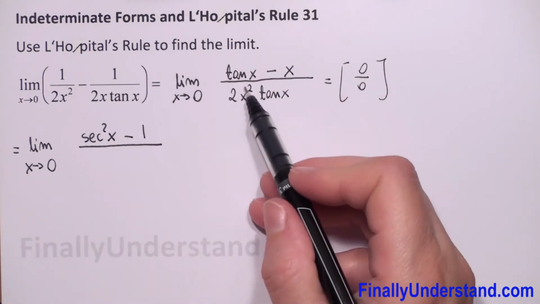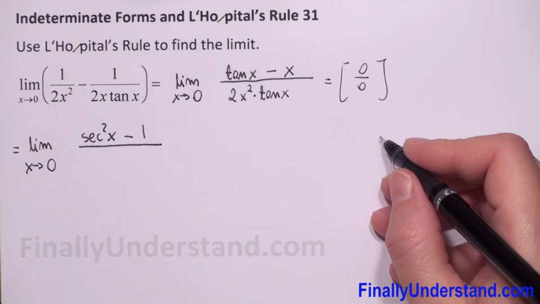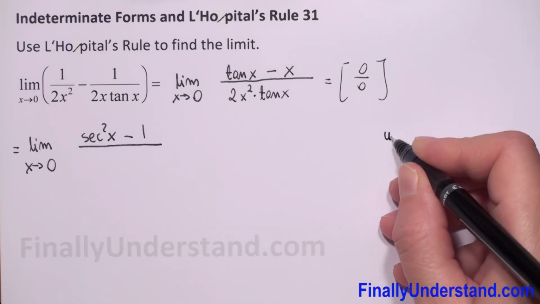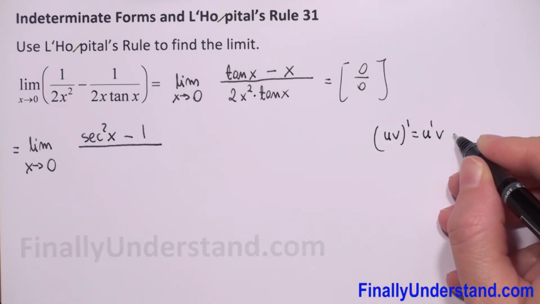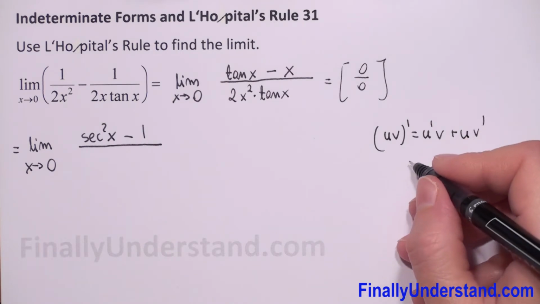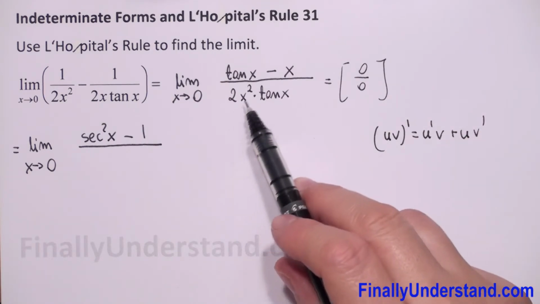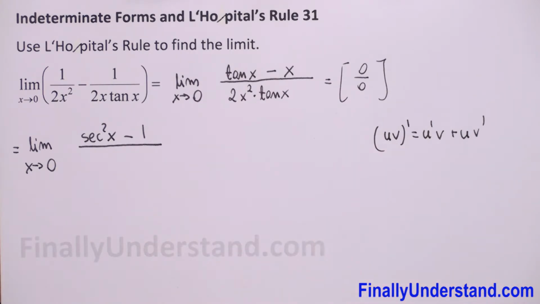Now the derivative of the function which is in the denominator, we have here multiplication. It means we have to use the product rule. When we have u times v, the derivative is equal to u prime times v plus u times v prime. In this case, u is equal to 2x squared and v is equal to tangent x.